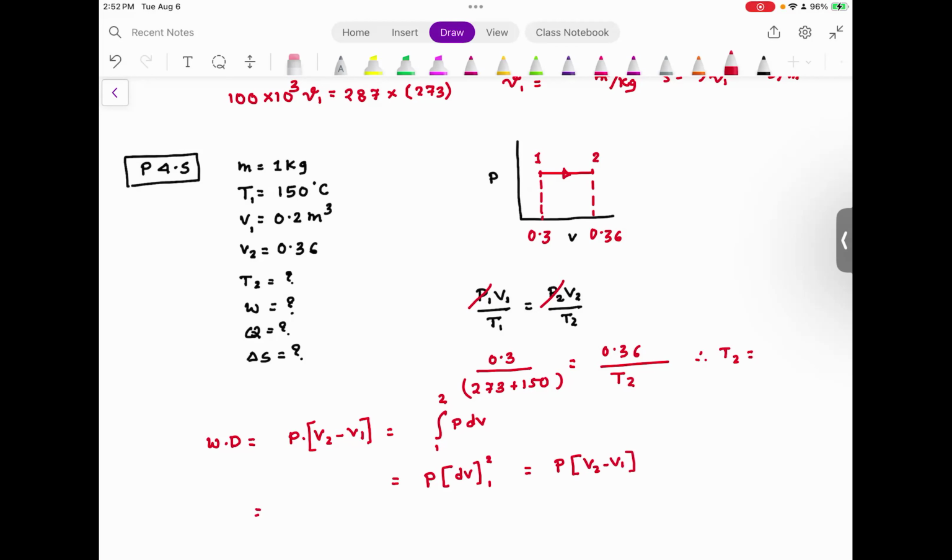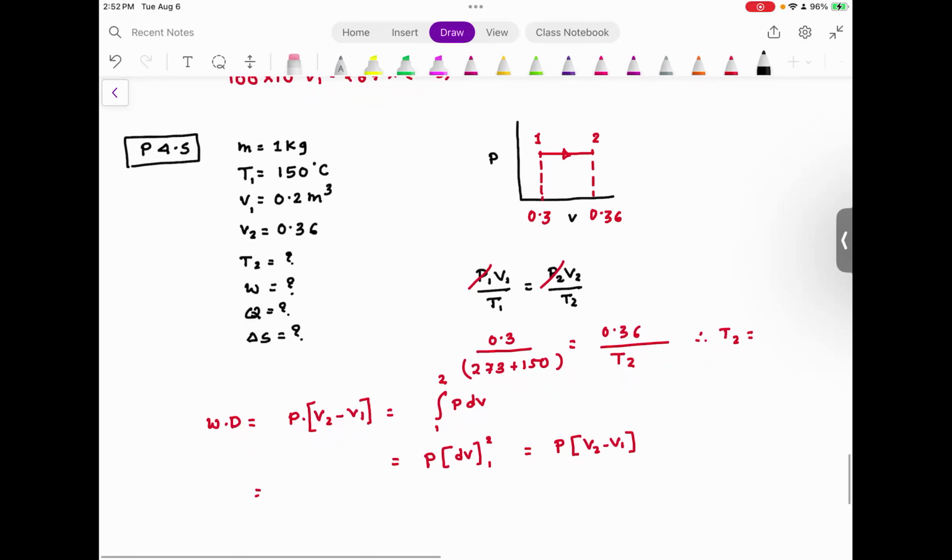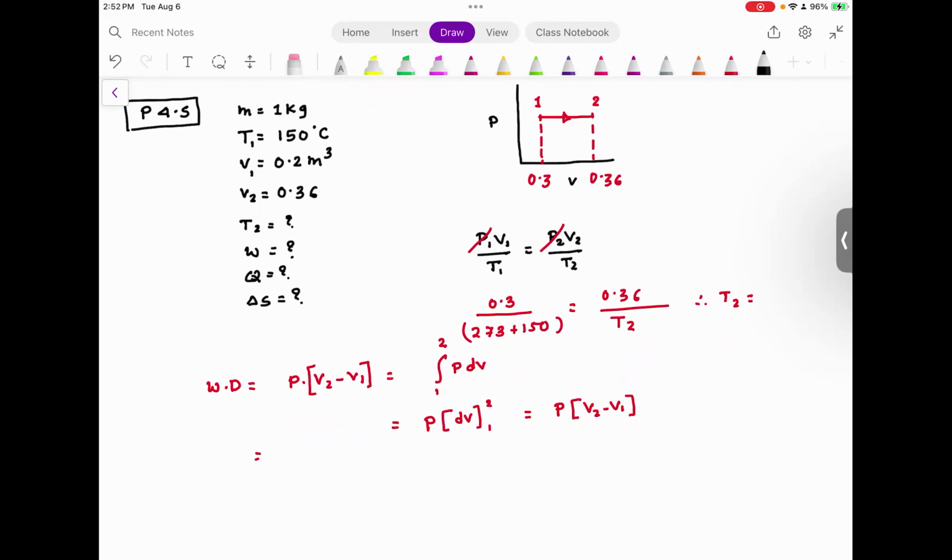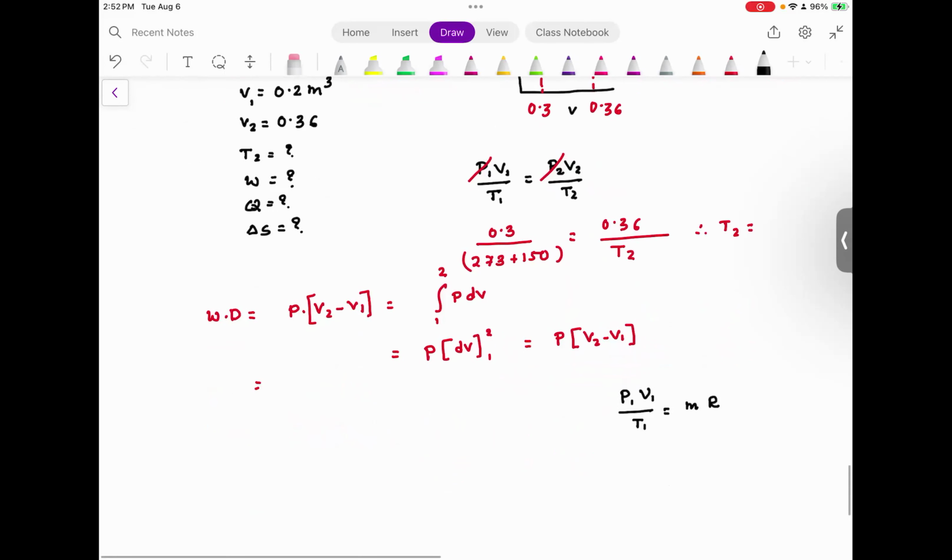So pressure value, did they give us the pressure value, temperature? Yeah, pressure value can be found out using the equation P1 V1 by T1 is equal to M R. V1 is 0.2.